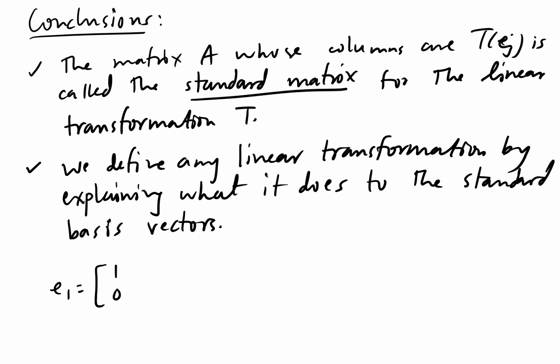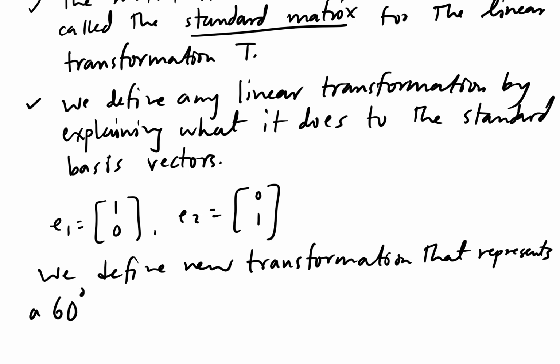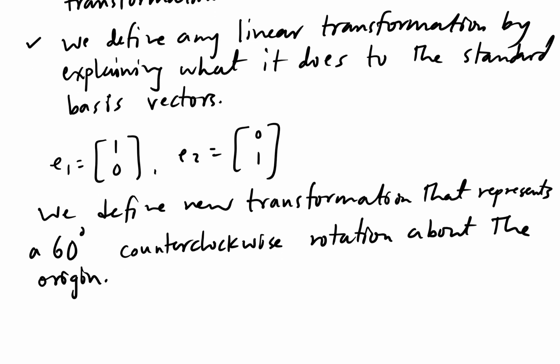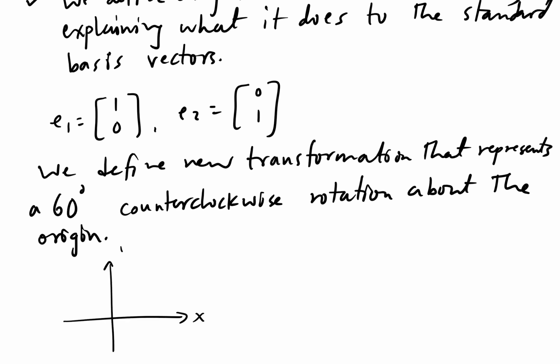So if we take the vectors E1, E2, which are 1, 0 and 0, 1 in the xy plane, we define a new transformation that represents a 60 degrees counterclockwise rotation about the origin. So this is 0, 1, E2, E1, 1, 0.